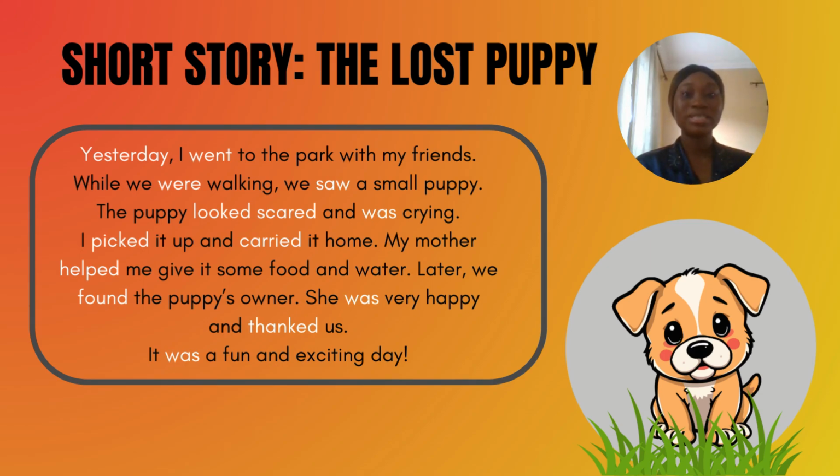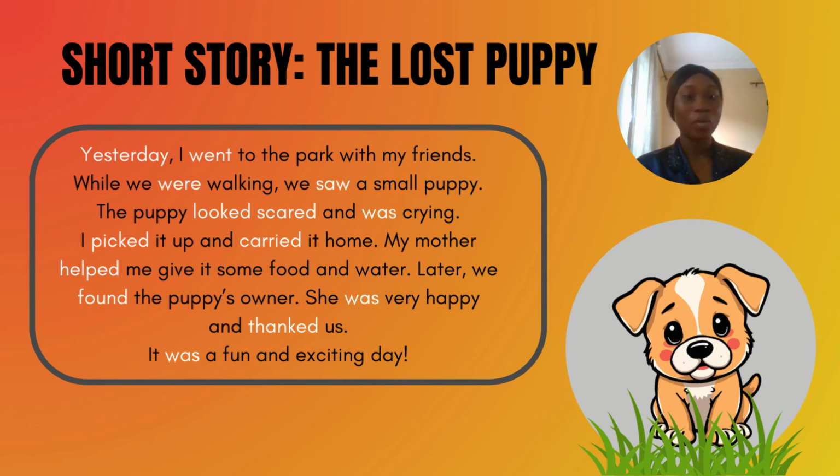All these words highlighted in white show you that these are past tense words. They give you an idea of this story being in the past tense. Yesterday shows that it has already happened. I went is the past tense of go. While we were: we were, you were, they were. Do we get that?